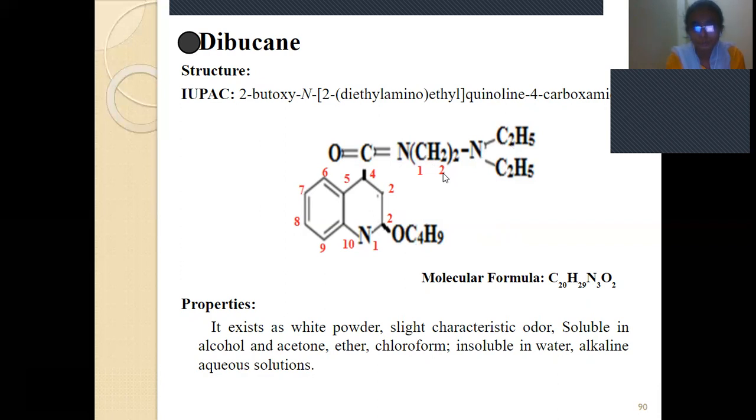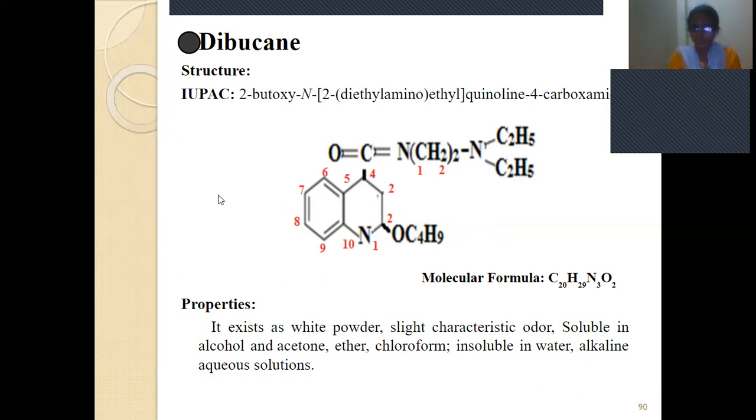So 2-butoxy, 2-diethyl amino ethyl quinoline 4-carboxamide.